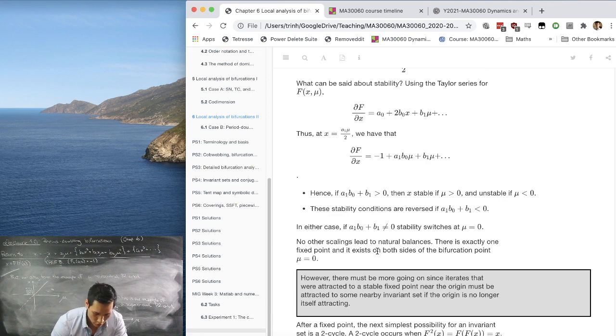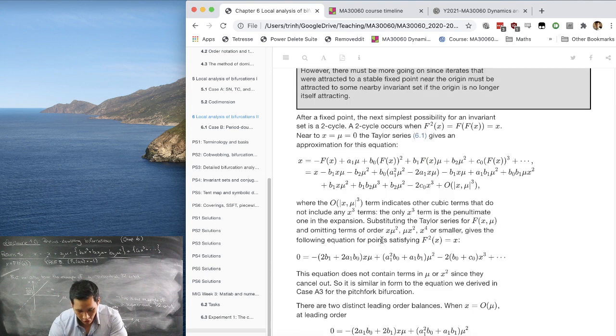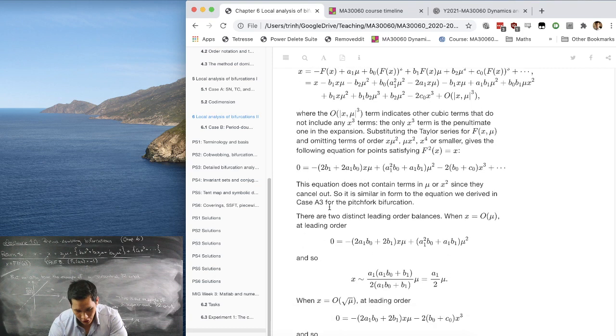And so you ask, well, what happens on the other side? So then you look at the doubled map, the x equals f of f of x map. Then you do the series expansion, simplify everything and group things together, and eventually that leads you to this equation here.